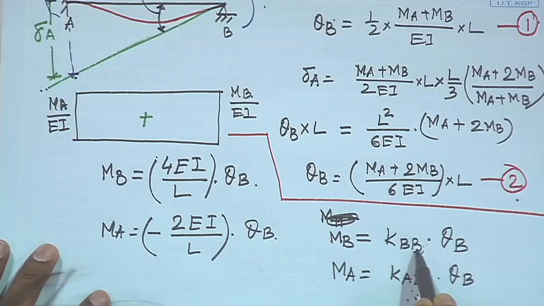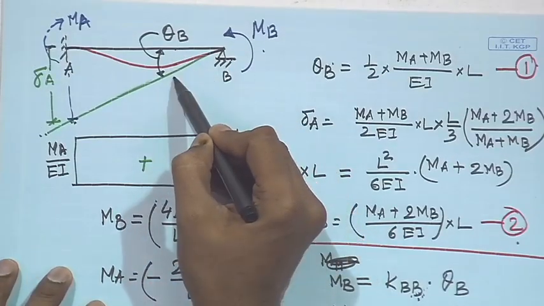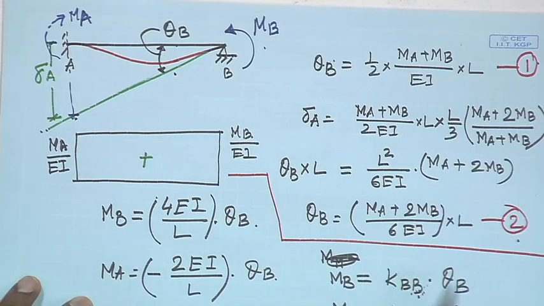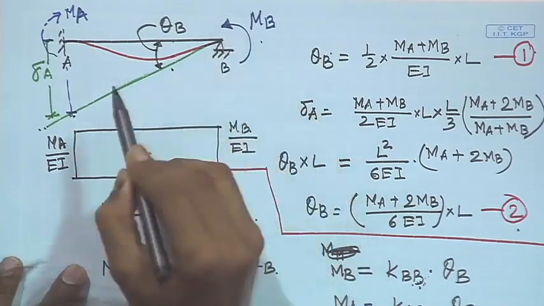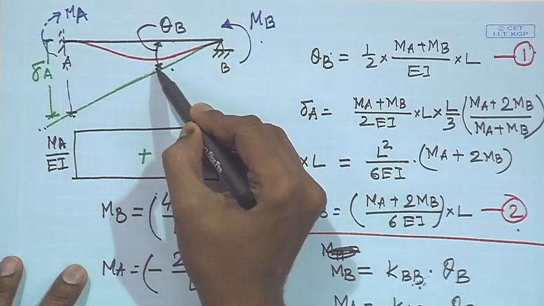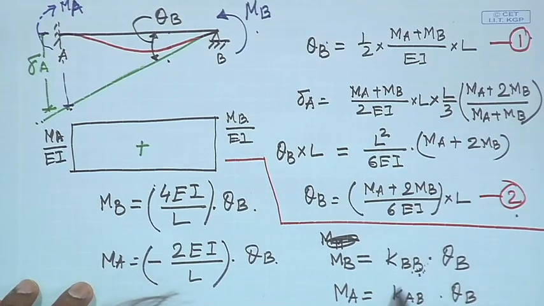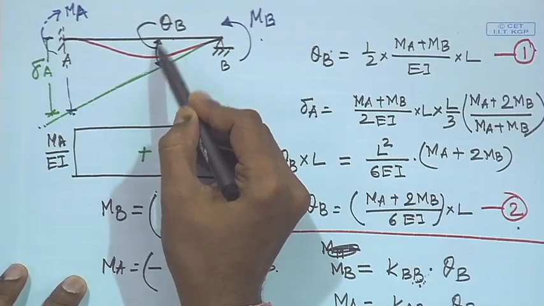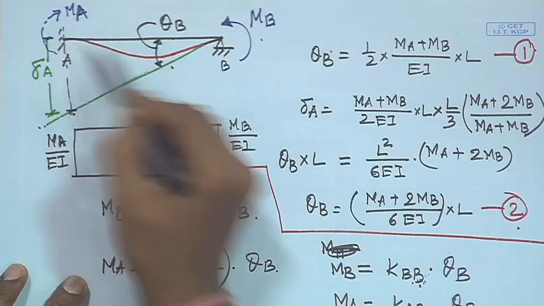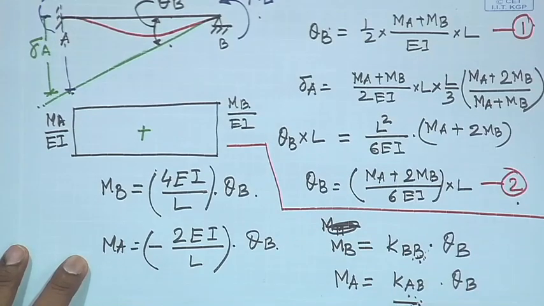Now, KBB is essentially the relation between the moment at B and the rotation at B. Similarly, KAB is the relation between the moment at A and theta at B. Or in a different way we can say that KAB is, if we apply unit rotation at B, then the corresponding moment generated at A will be KAB. Okay. These are the stiffness coefficients.